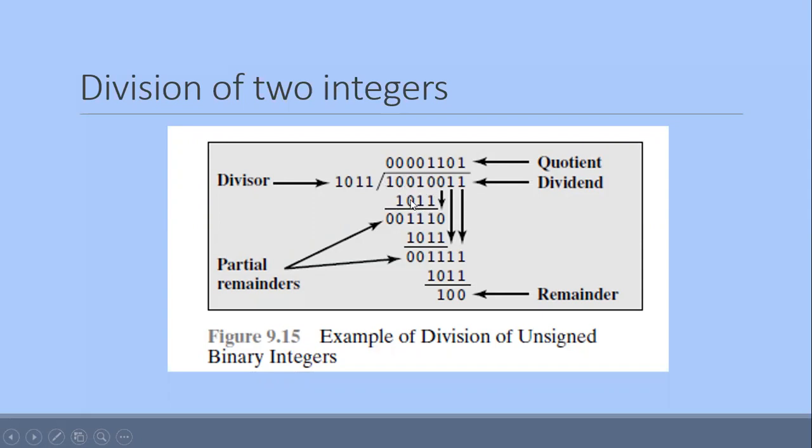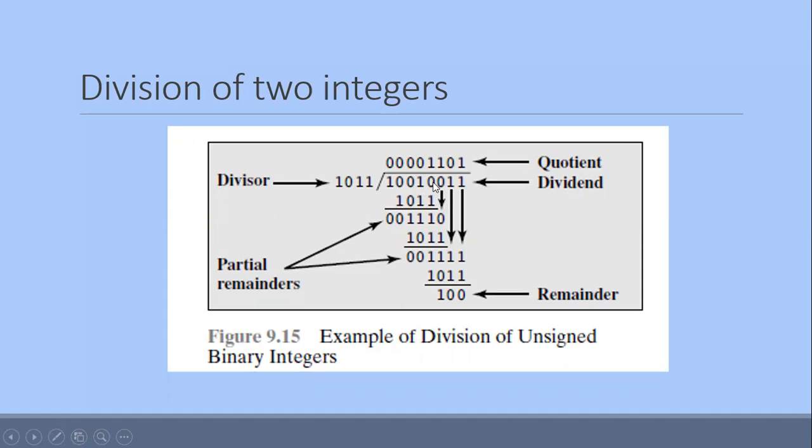So we are going to perform this subtraction here. And as this number is greater than the divisor, we put bit 1 here. Now after performing the subtraction, I hope you know how to perform it. You can either take the 2's complement of this number and add it, or you can perform the traditional subtraction.